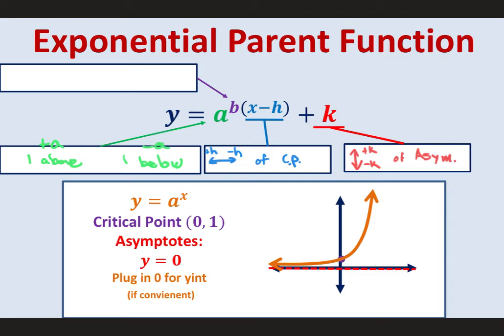Okay, the last piece up top, this is our B value. Our B value is going to tell us whether the curve is going towards the asymptote or away from the asymptote. So if it is a positive B value, then wherever our asymptote is, we are going to be going away. So if we're on top, we're going to go away like that, or if we're on bottom, we're going to go away like that.